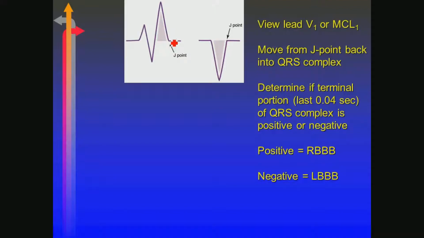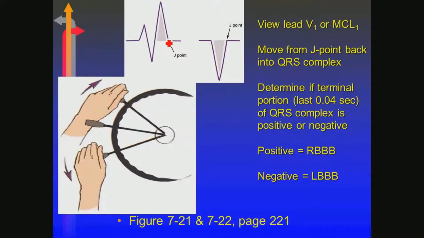I then move back one box into the QRS complex, and if that portion of the QRS complex is pointing upwards, then it's a right bundle. If I want to turn right, I would flip it up. If I turn left, I would flip it down. This is drawn on the wrong side of the steering wheel, like the blinkers are on your left-hand side, so that doesn't pertain. But that's the logic behind it.